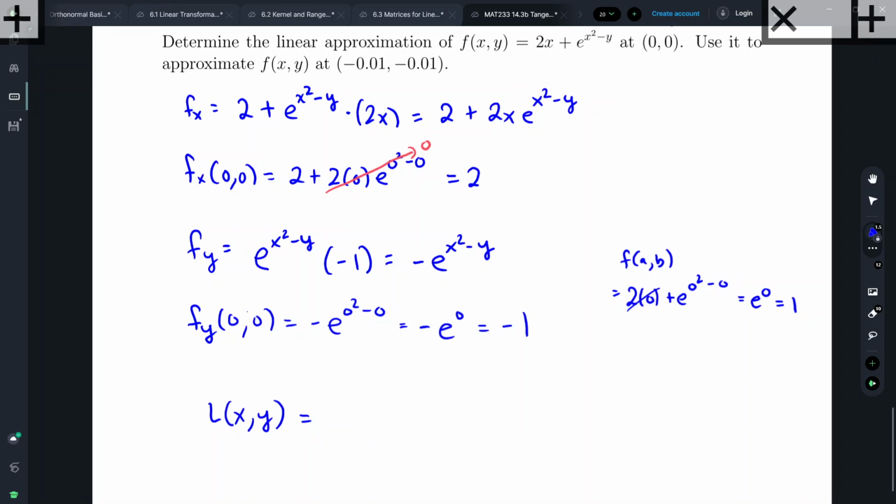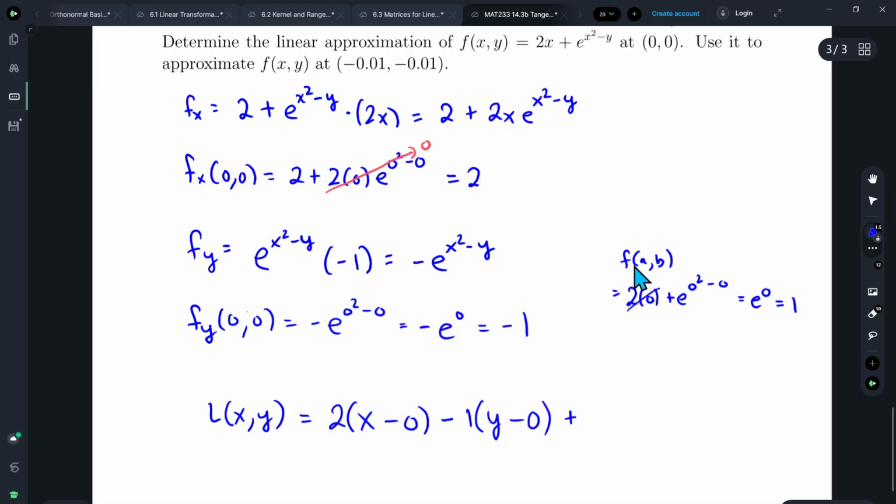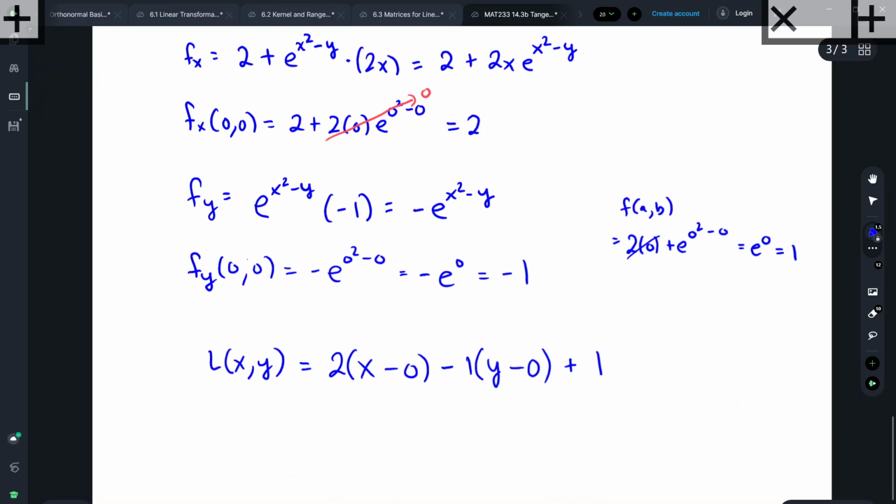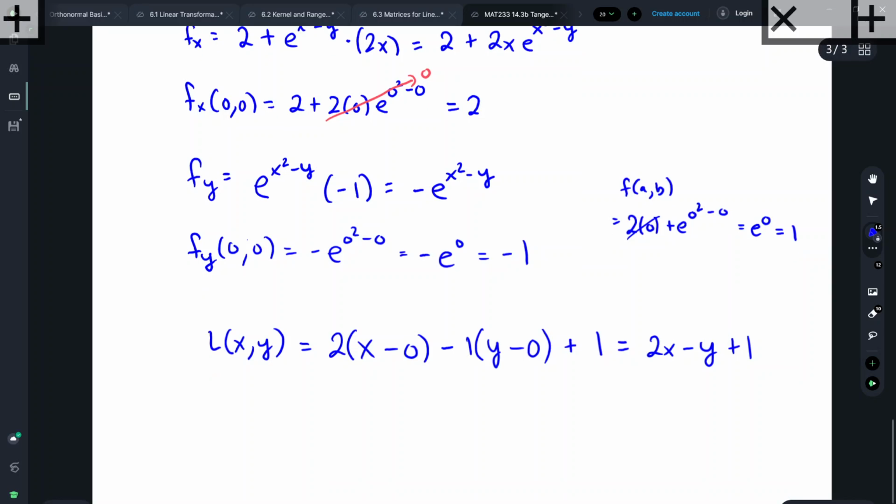Which is, this is the partial with respect to x, which is 2, and then we have x minus a, which is 0, and then the partial with respect to y was minus 1, and we have y minus b, which was 0, then plus the function value, which we calculated was 1. Okay, so we get 2x minus y plus 1.